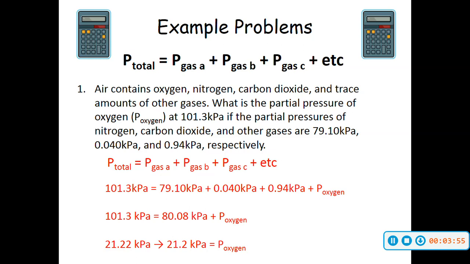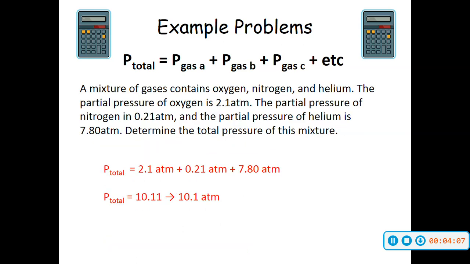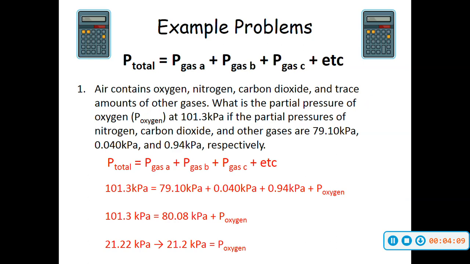Since we do a lot of multiplication and division, I would rather just stick with that rule, not to confuse any of you. But formally, the correct answer should be 21.2. If you want to go ahead and do number 2 on your own, go ahead and pause the video, but if not, let's move to the next slide.